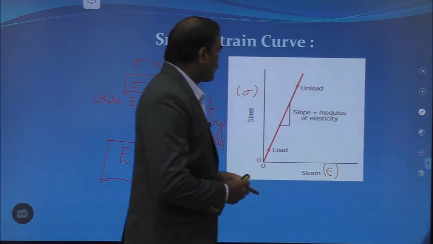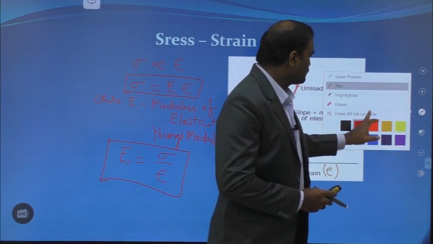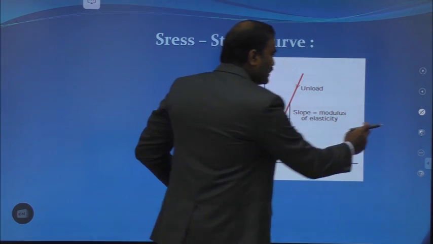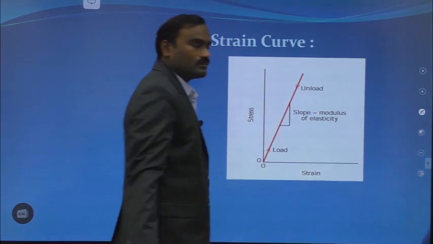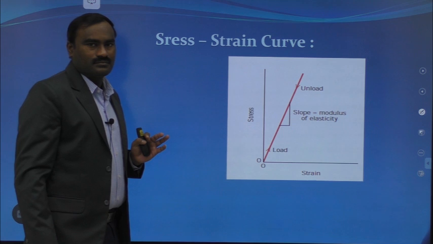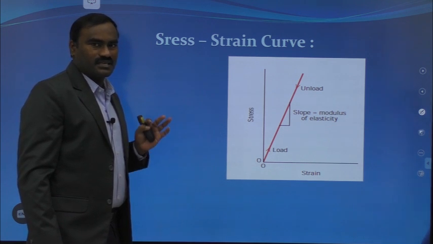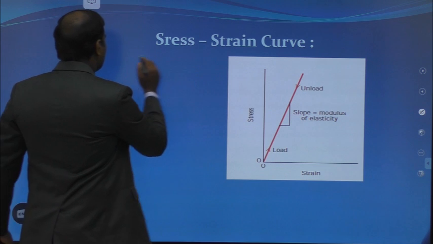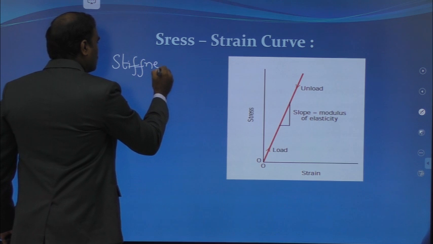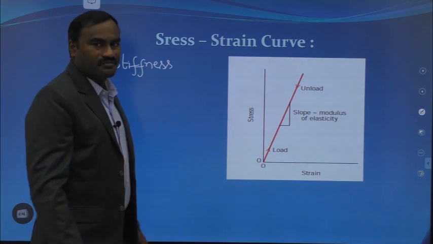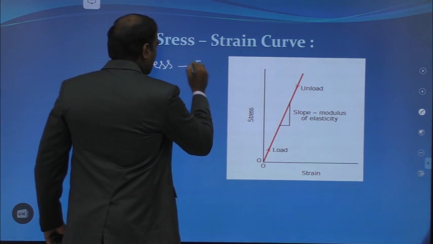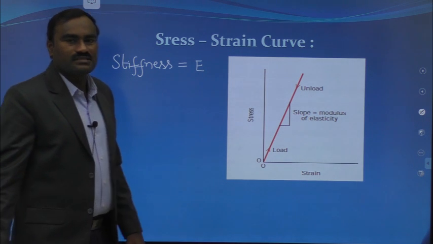Now let us see the significance of this stress strain curve. The mechanical property that we obtain from this stress strain curve is stiffness. The modulus of elasticity is thought of as the stiffness of a material.